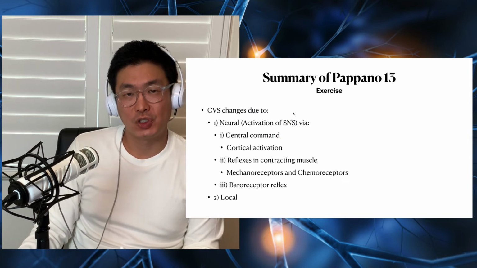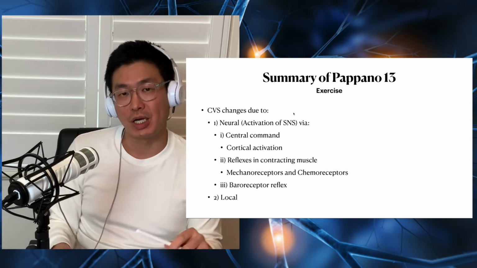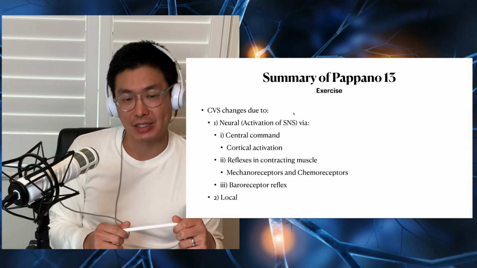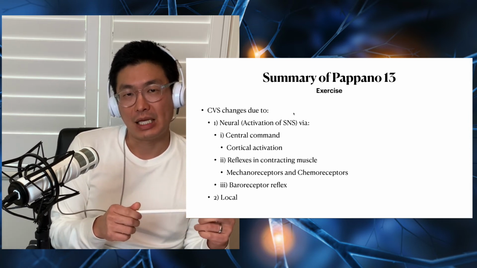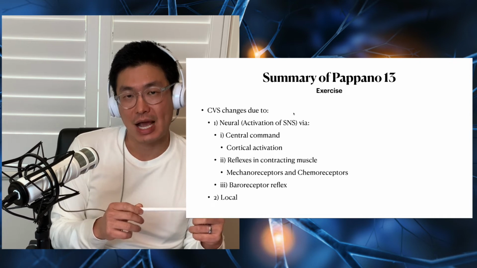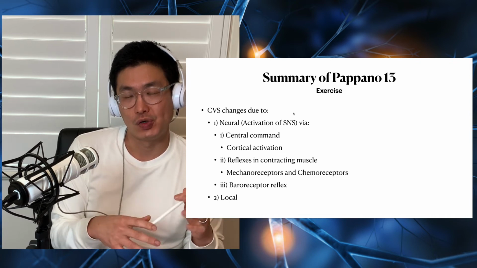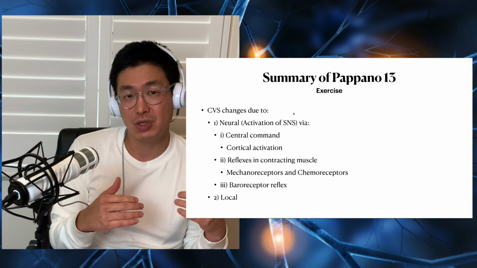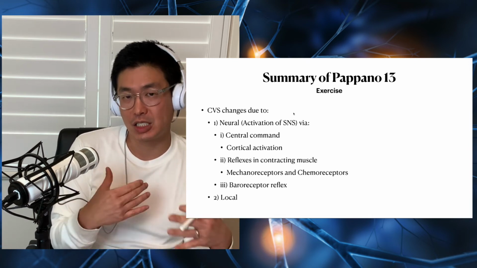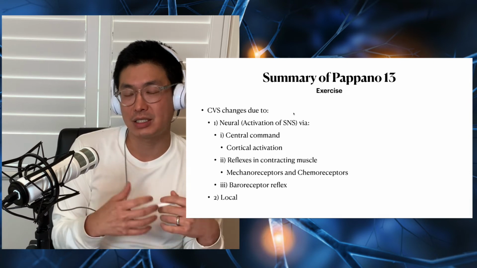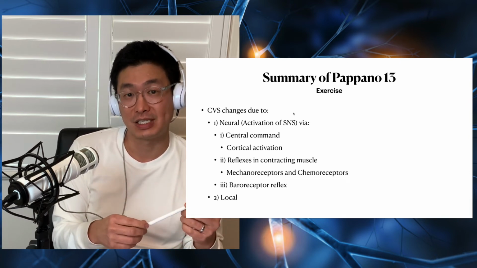Now I'm going to move on to chapter 13. There isn't too much here. It has to do with exercise. I've just given a summary that the cardiovascular changes in exercise are due to, again, neural activation and local changes. We've gone through the local changes, and I just want to summarize the neural changes. That's activation of your sympathetic nervous system.